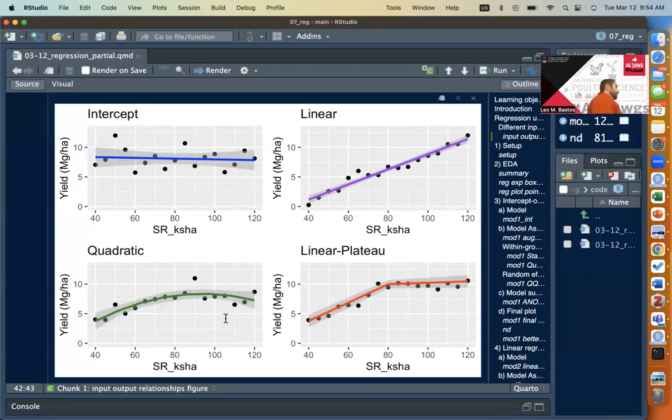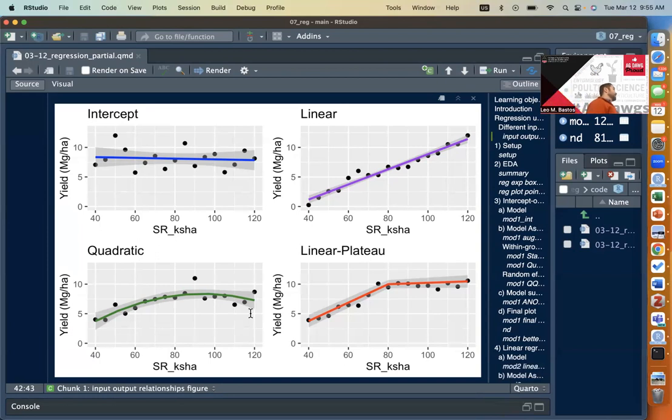Nice. So Anis Sabedi told me that as we are increasing seeding rate, we're increasing yield until a point, which here looks like it's between maybe 80 and 100, maybe around 90. And then after that, it starts decreasing.